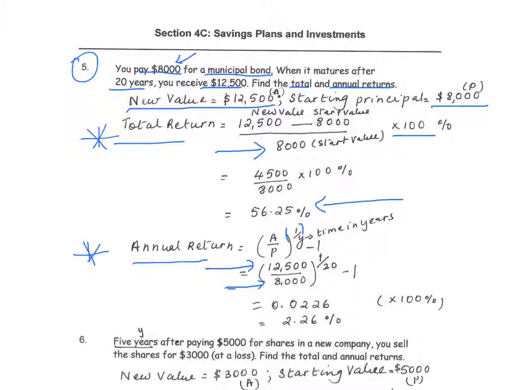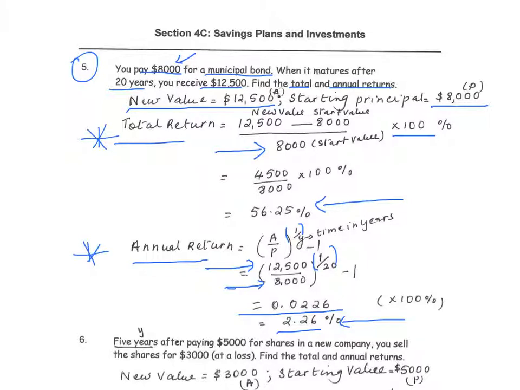The exponent is 1 over 20, and then you subtract 1 from that quantity. When you enter all this carefully into your calculator, making sure you're using parentheses, you get 0.0226, and multiplying that by 100% gives us 2.26%.